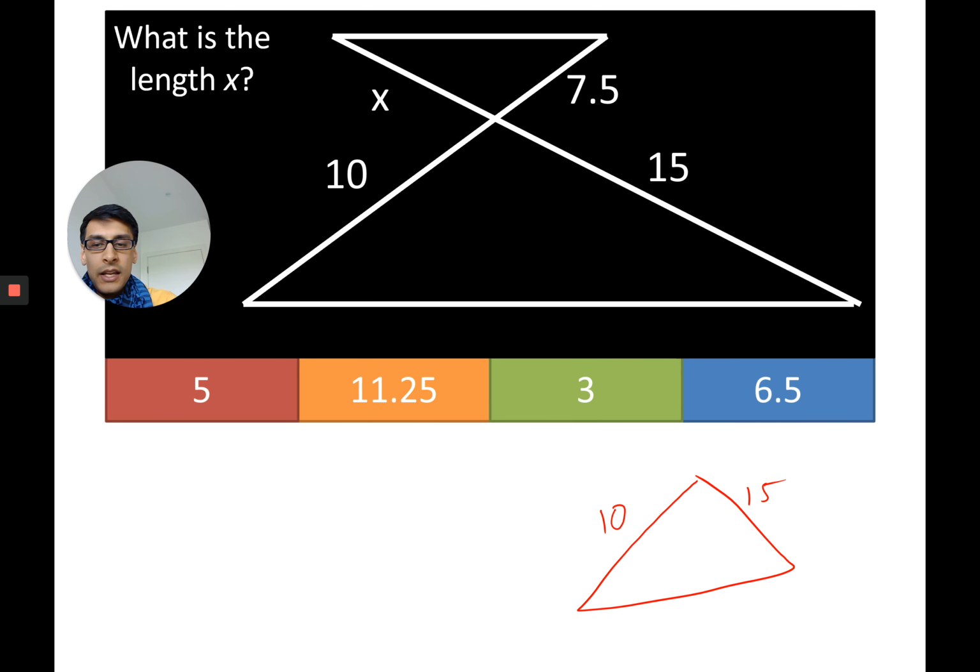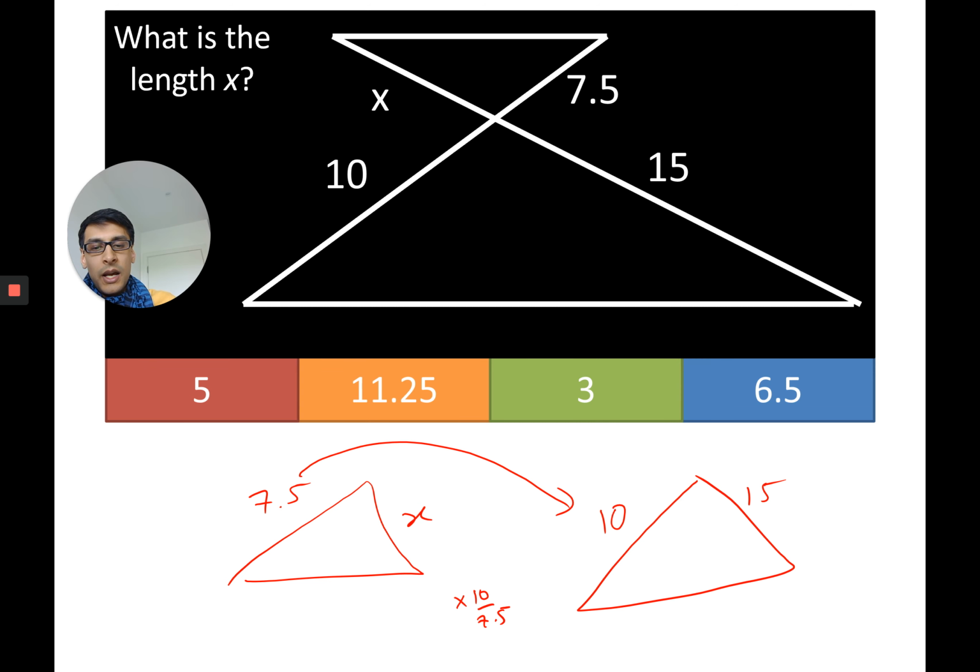Now, in this case, we have 7.5 and X. So the scale factor is going to be multiplied by 10, divide by 7.5, if you're going this way, but we want to go that way. So we're going to divide by 10 over 7.5.